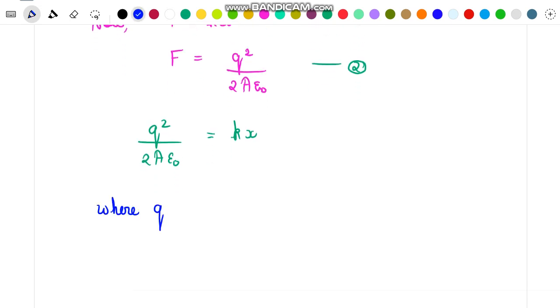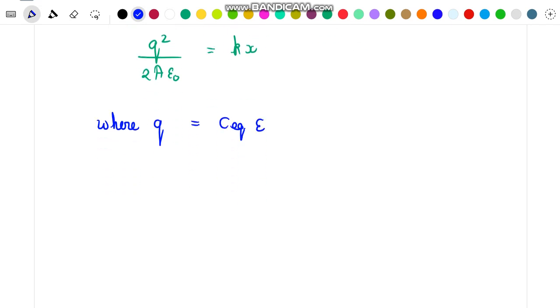where the value of q should be equal to C equivalent into E, where C equivalent of the system is C by 2, since both these capacitors are connected in series. Now the value of C will be equal to ε₀A by D, where D is the separation between the two plates of a capacitor.